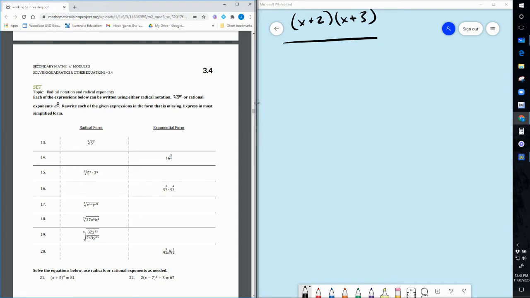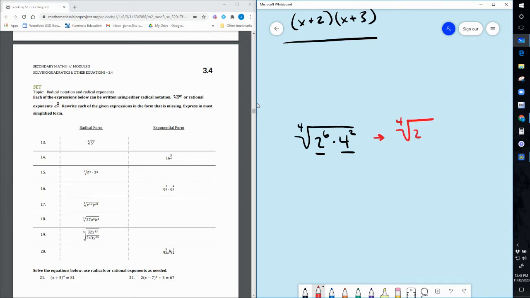So let's just do an example really quick of what number 15 would look like. Pretend it said the fourth root of 2 to the 6 times 4 to the 2nd. The first thing you'd want to do is realize that these bases are different, so you can't combine them at all. So you could rewrite this as the fourth root of 2 to the 6th times the fourth root of 4 squared.